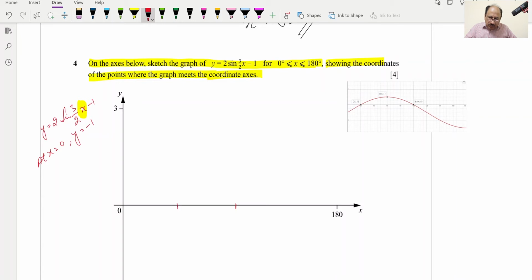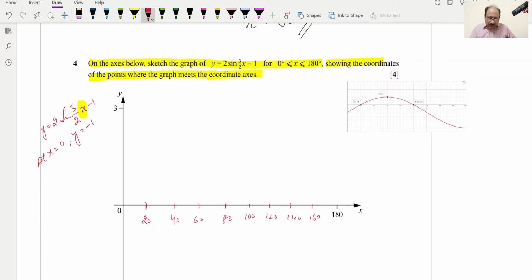I wanted to take 20, so we are taking 20, 40, 60, 80, and then 100, 120, 140, and 160.